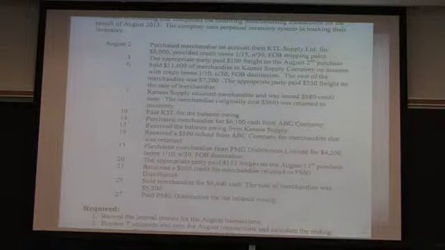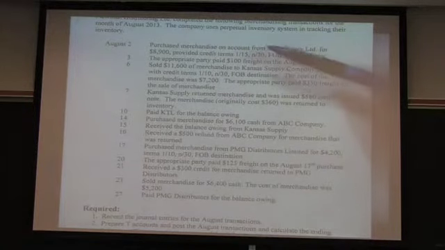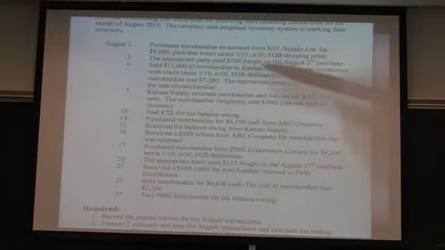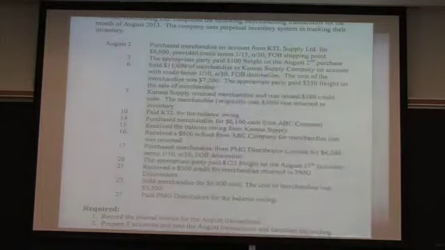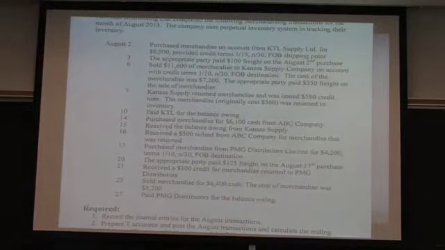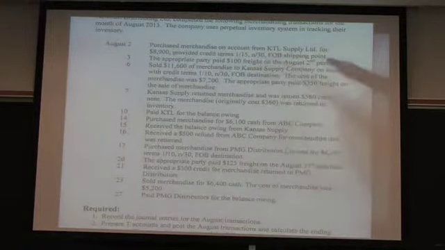And that means that if Newman pays the invoice owing to KTL within 15 days, they would get a 1% discount of the $8,900. It's called an early payment discount. Otherwise, the invoice is due in 30 days.